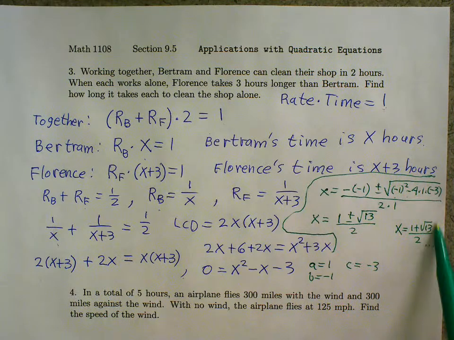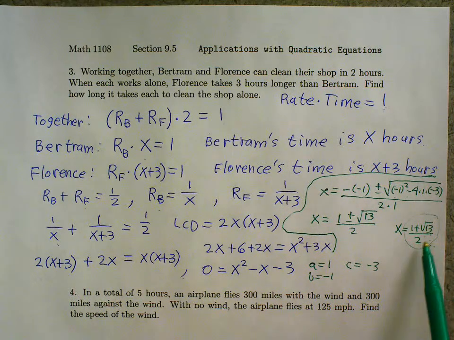So this is a little bit less than 1 hour because the square root of 13 is a little bit, whoops. Sorry, it's a little bit more than 2 hours, but less than 3 hours. You can use a calculator to get a decimal approximation if you want.